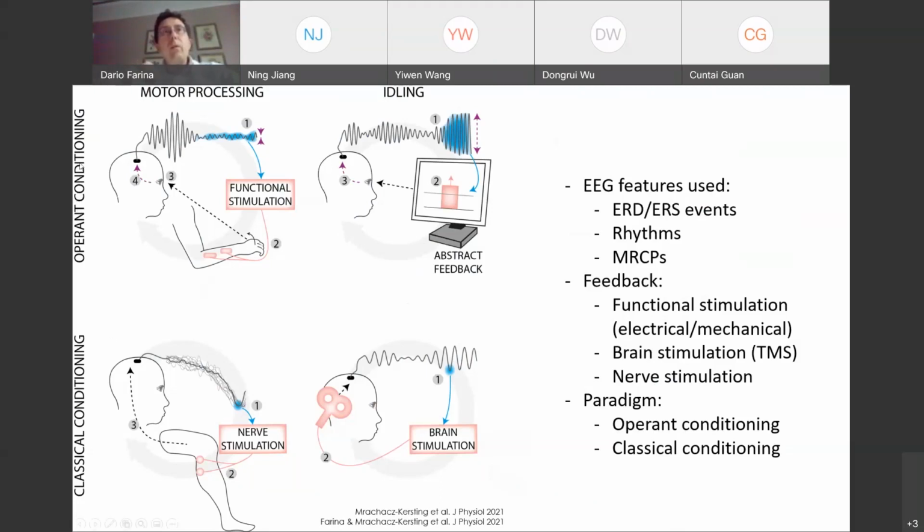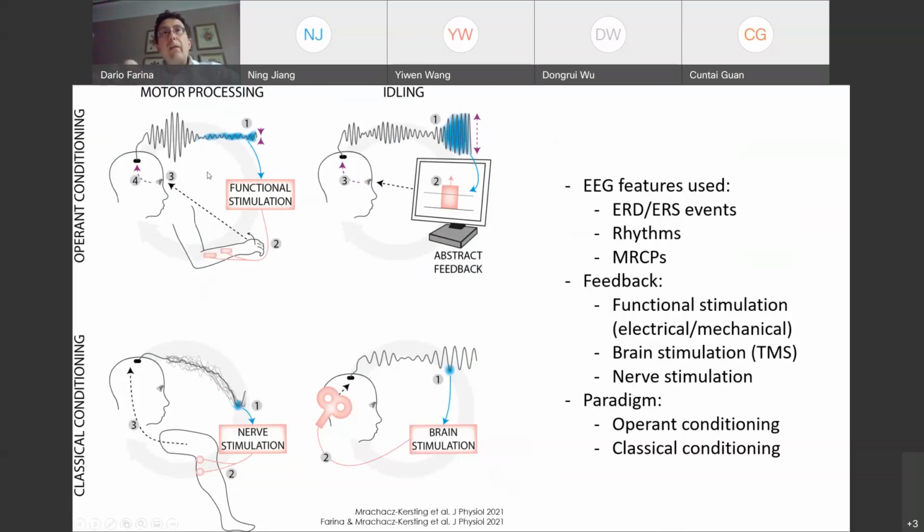Operant conditioning is when the subject is in the loop and the subject actively changes brain activity as a consequence of a reward or a visual or other type of feedback. Classical conditioning is when the subject is not operating and modulating the brain activity, but rather generating brain activity, which is then associated to feedback that could be stimulation of the peripheral or the central nervous system.